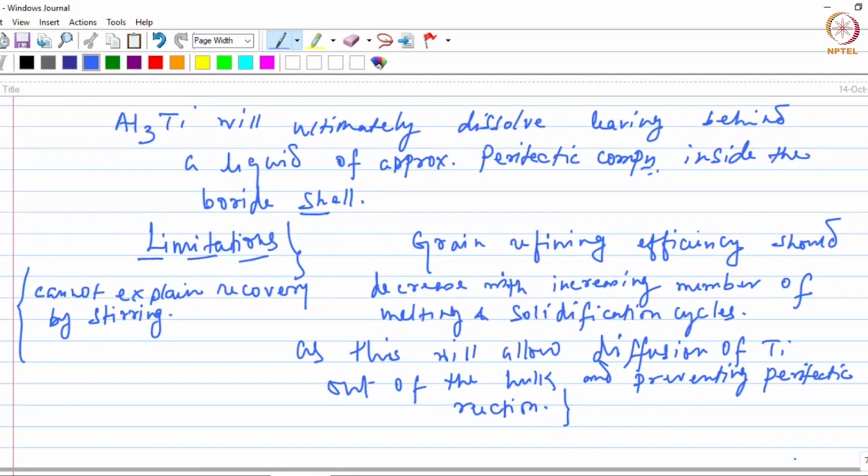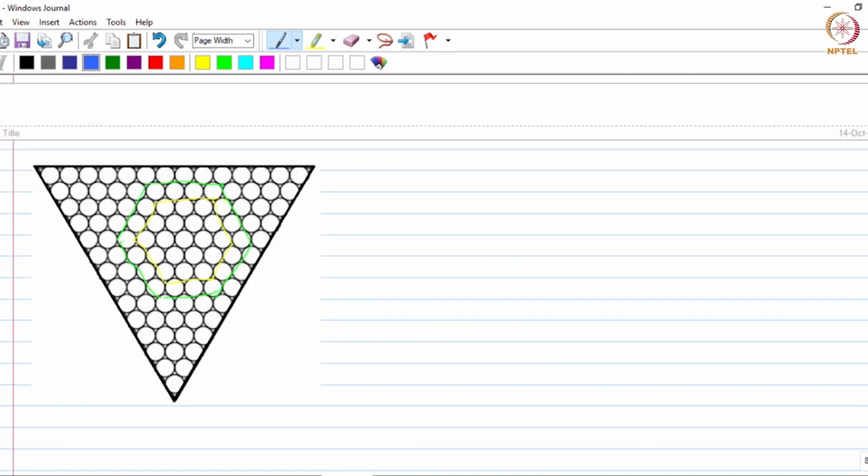The next one that we have in line for these mechanisms goes by the name hypernucleation theory. So this theory says that elements like titanium tend to segregate at the boride melt interface.